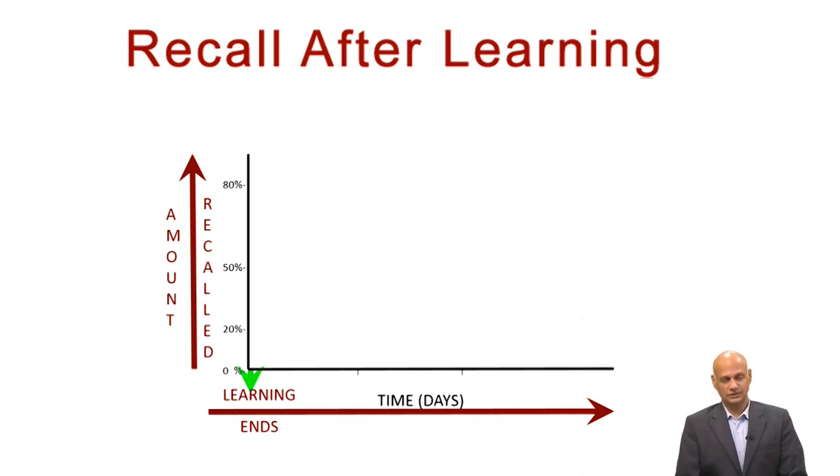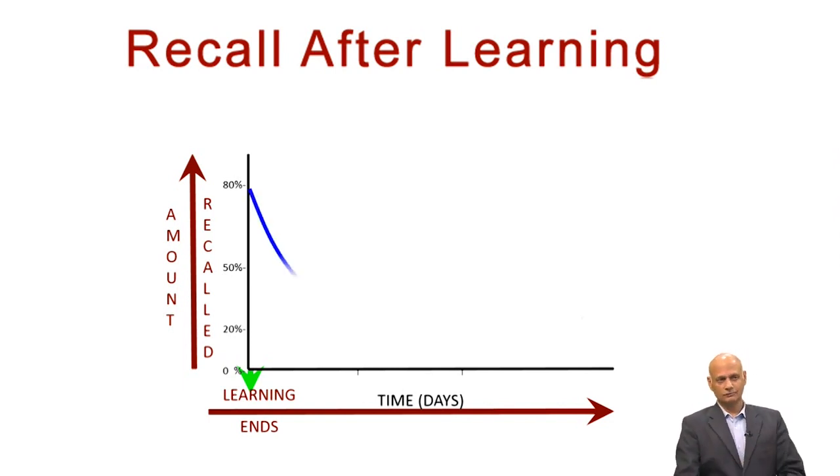Well, definitely it will come down if you are trying to recall in the same traditional old way that we have been used to. So it's coming down, all right? So you're forgetting, okay? So what should be the slope of this graph? Should it come down initially or should there be some other way?